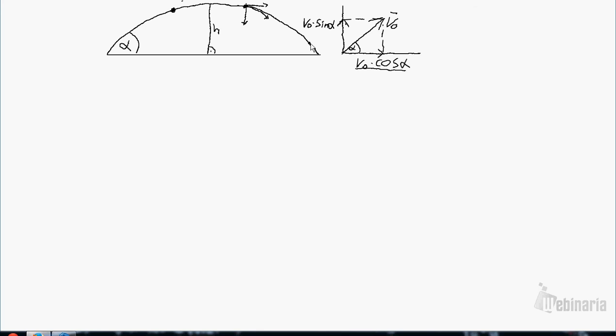Why is that? Because what is the sum of our two vectors now? We can just draw something like this. And what about here? Really just something like this.